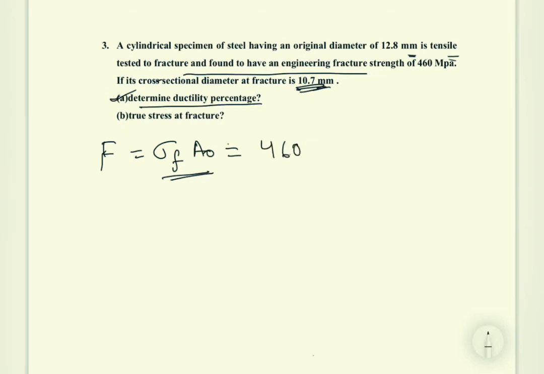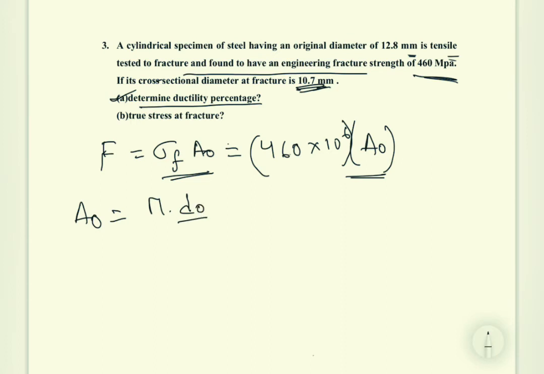So what would be the load? 460 into 10 to the power 6 Newton per meter square, multiplied by what? That area, A naught. Actually we don't have that A naught, right? So I have to calculate it, sorry for that. What is the A naught here? A naught is pi into D naught by 2 whole square.